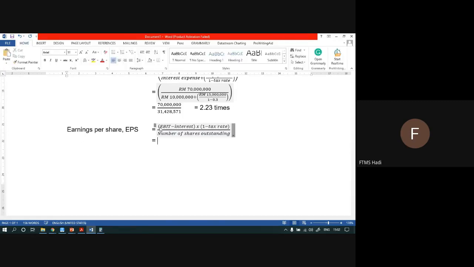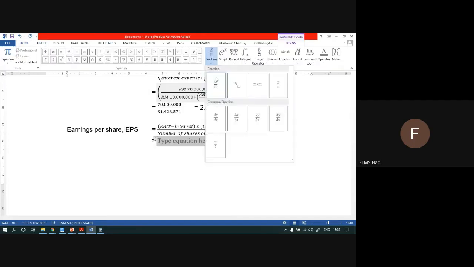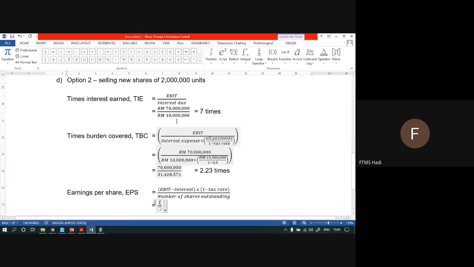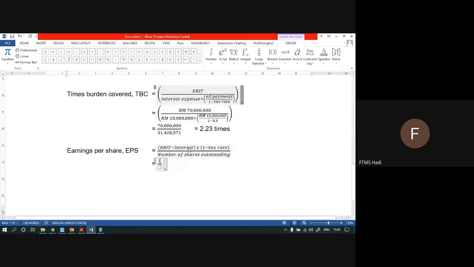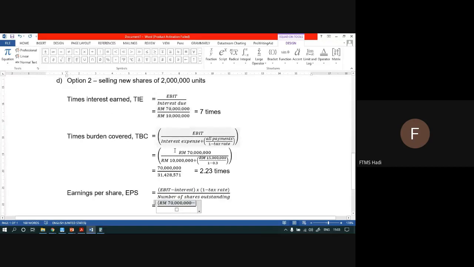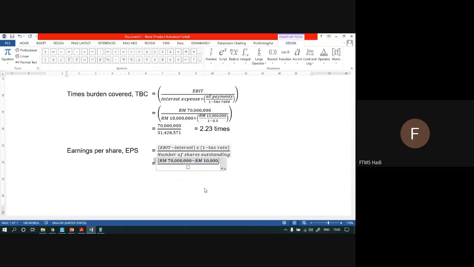With the formula, EBIT earlier is 70 million. Minus interest, interest expense and interest due in this case are similar, which is 10 million. Multiply by 1 minus tax rate, which is 0.3.